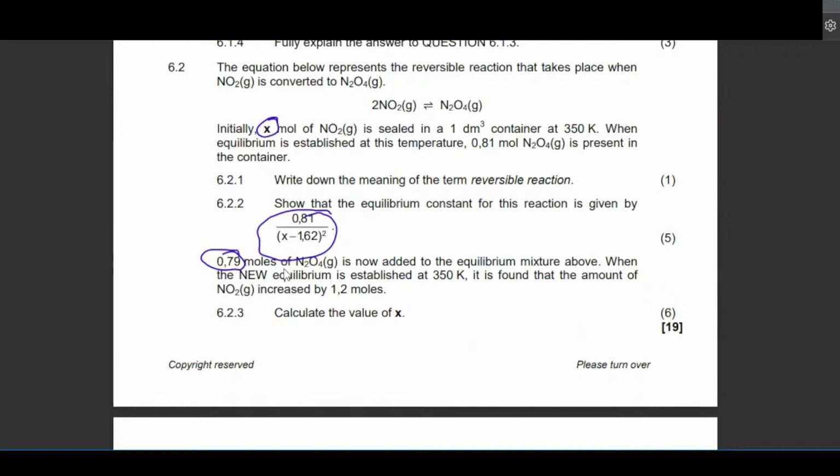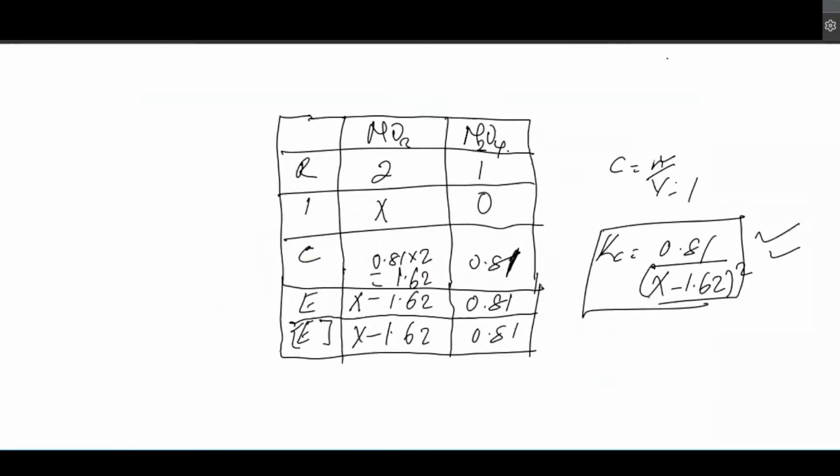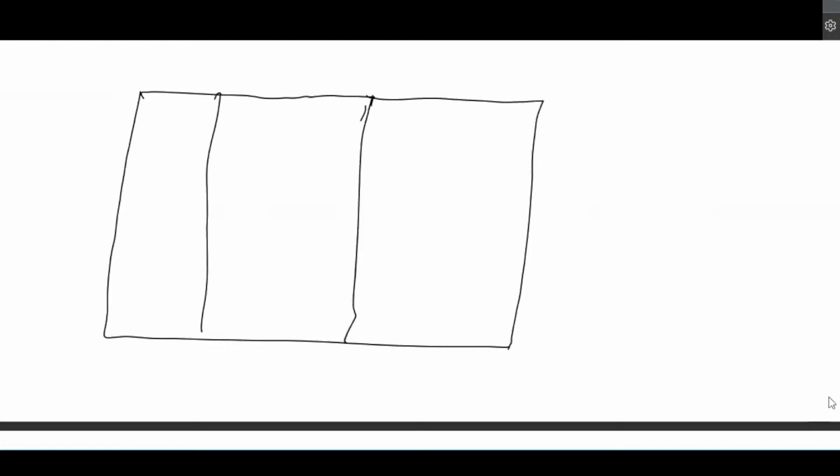You need to take note of this because there is an increase. All right. Let's go back and do the same rice method, whereby I have nitrogen dioxide and then dinitrogen tetraoxide.